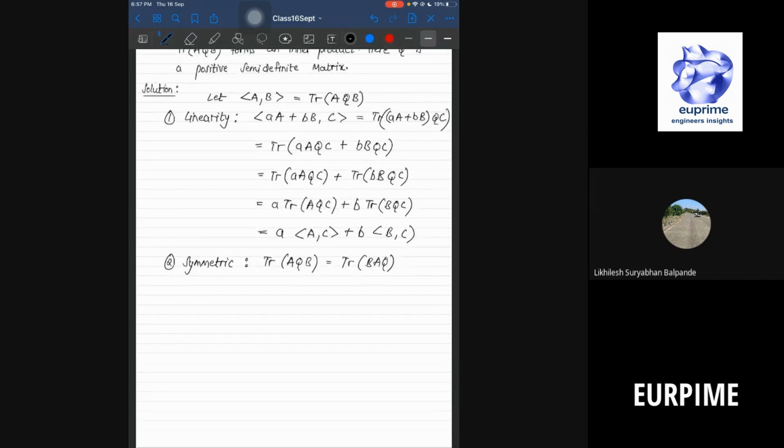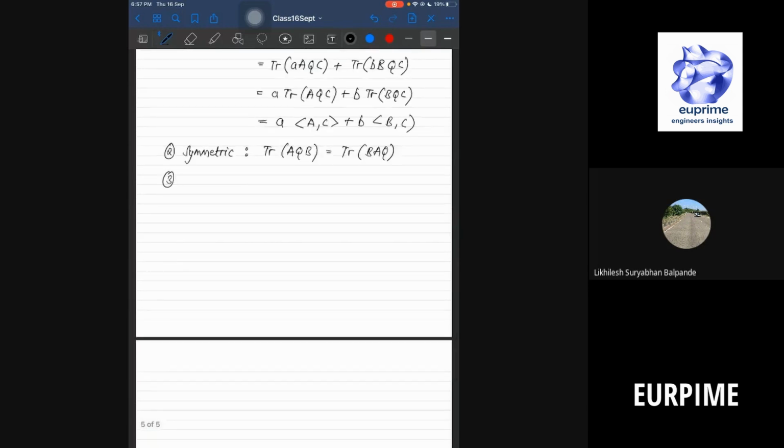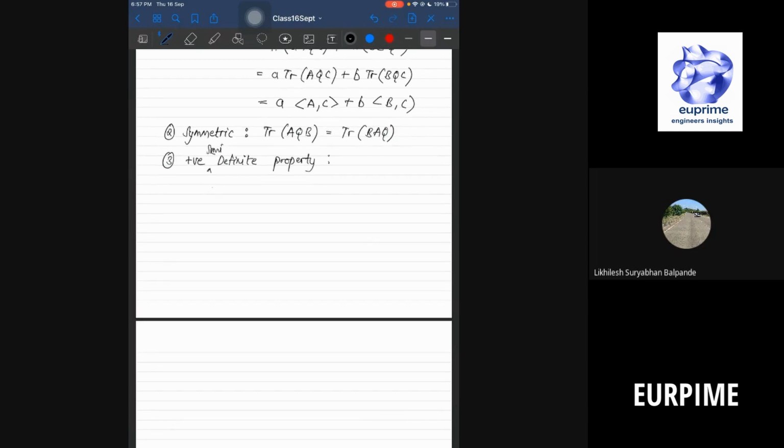But if we look at the third property, that is the positive semidefinite property, here the condition that has to be satisfied is trace of A times QA should be greater than or equal to 0, and trace of AQA is equal to 0 if and only if A is equal to 0.